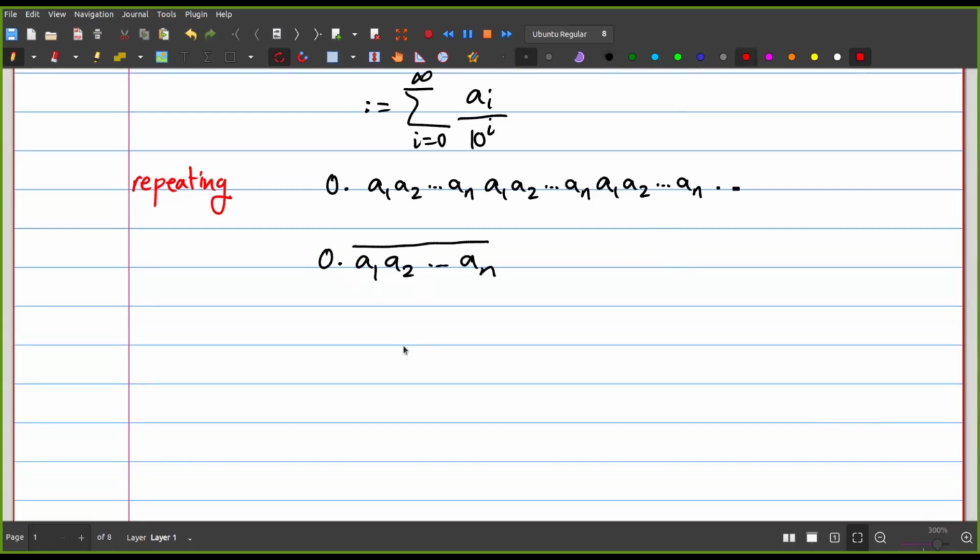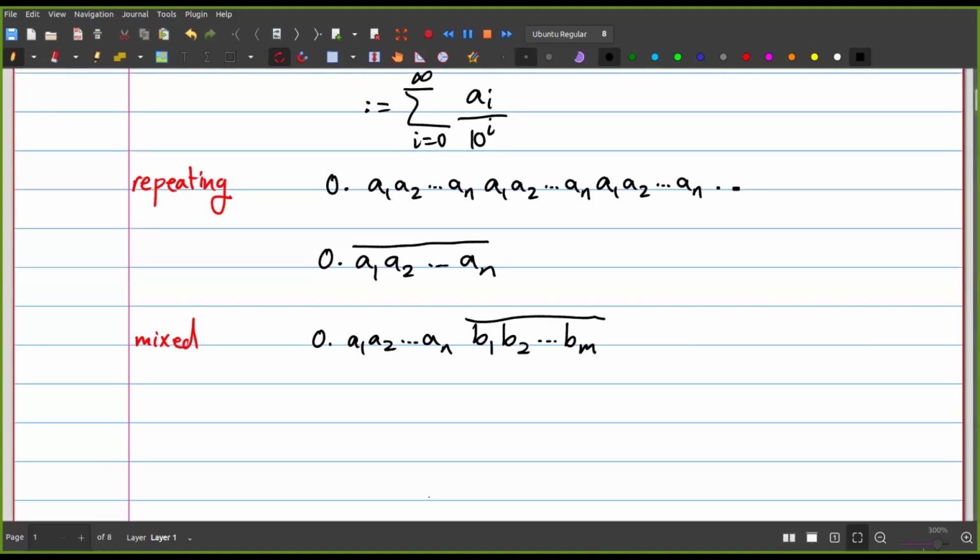And then I can also have a mixed version, which is that I have something like this: 0 point, let's say A1, A2 to AN, and then B1, B2 to BM. And this first part is not repeating, but the second part is repeating.